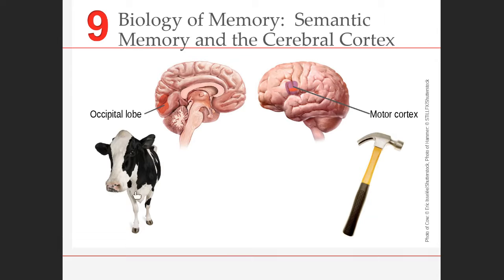So visual memory, visual types of things, such as seeing a cow, gets stored in the occipital lobe, which is really quite cool. The memory of objects that have to do with action, like a hammer, those are stored in the motor cortex, which is really cool.